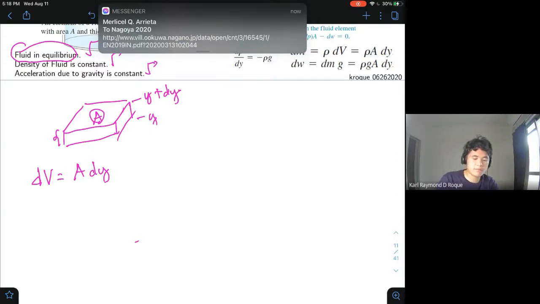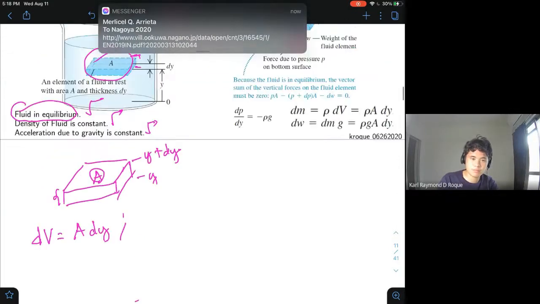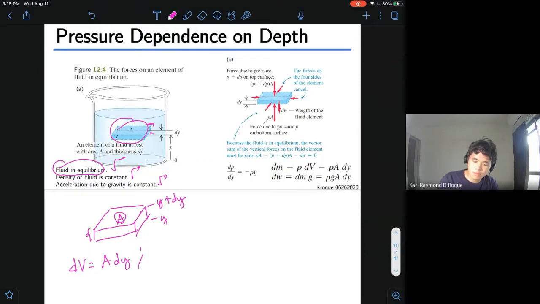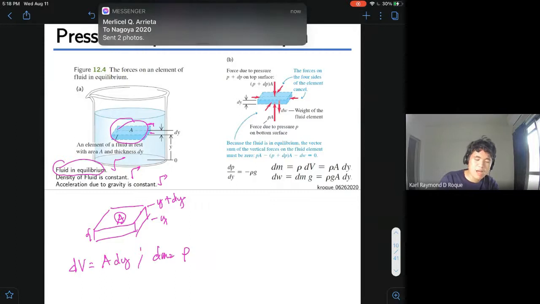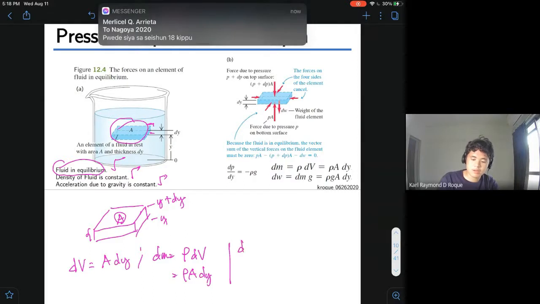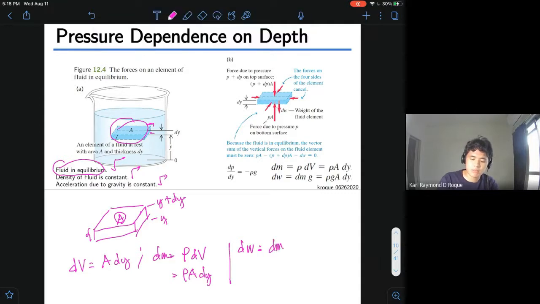Then its mass: mass is rho V. So the small mass is rho dV equals rho A dy. Next, the small change in weight is mass times gravity, so small change in mass times gravity.